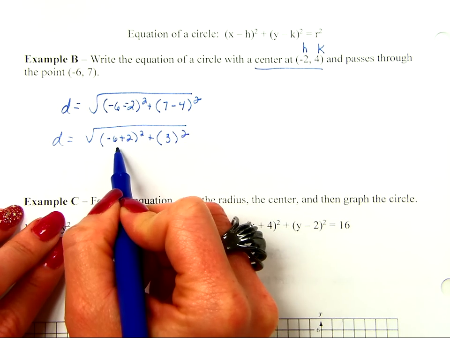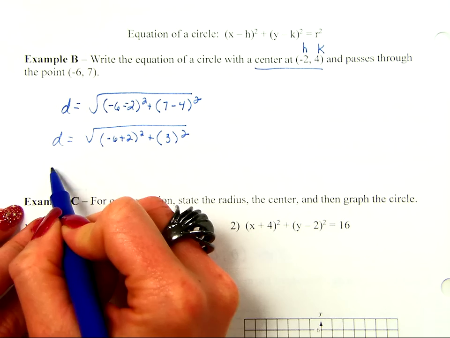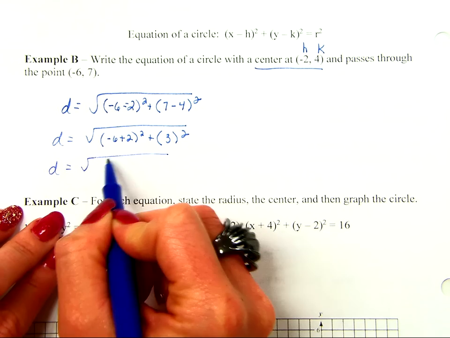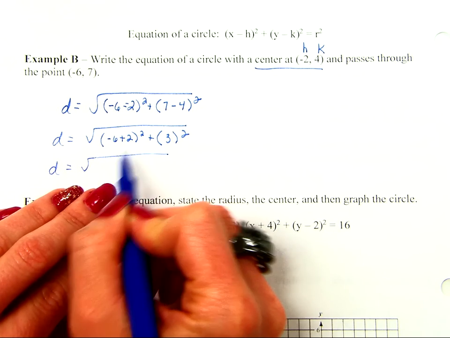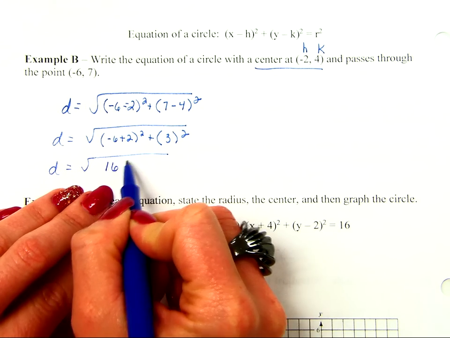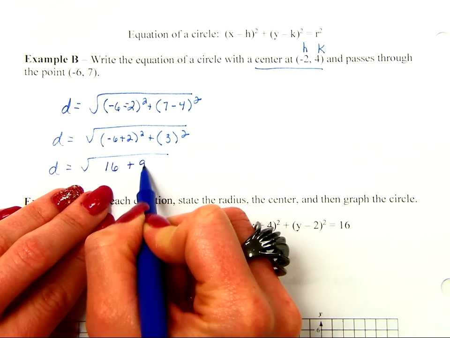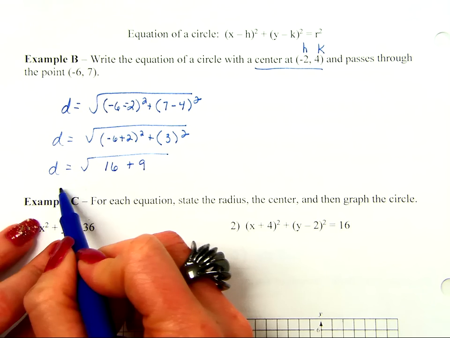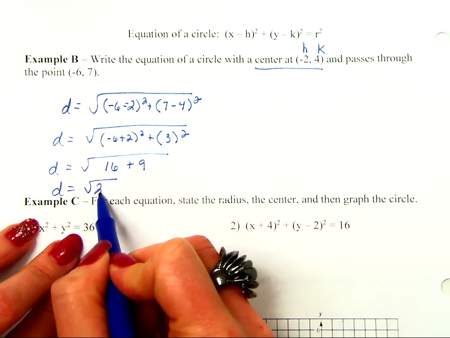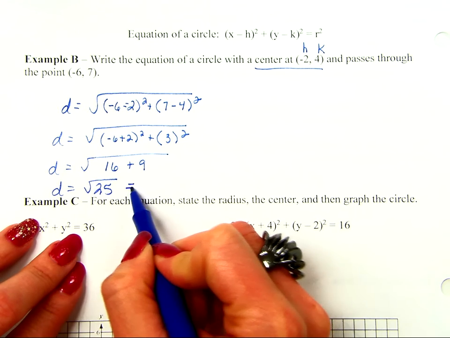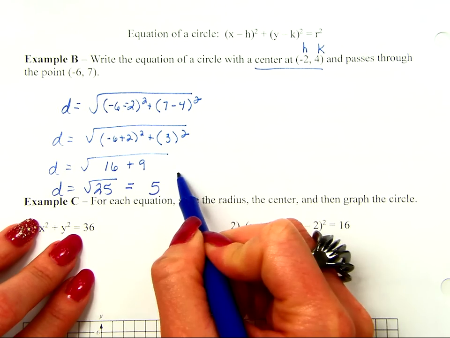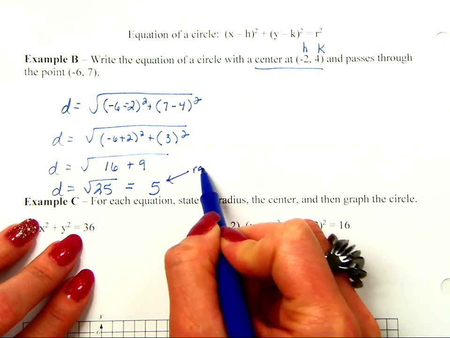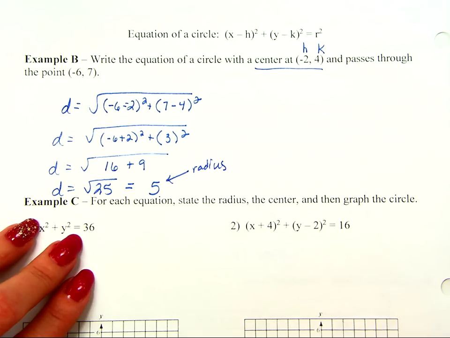I can see here this is going to be a -4 squared, so -4 squared is going to be positive 16, 3 squared is going to be positive 9. Well, the square root of 25 is a perfect square, and so we get 5. This is what I'm going to use for my radius.